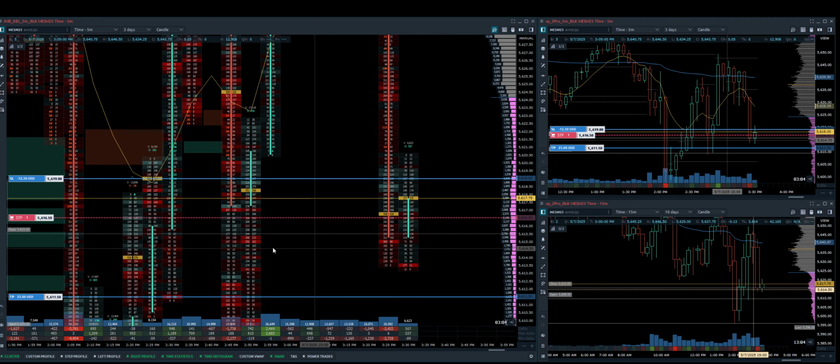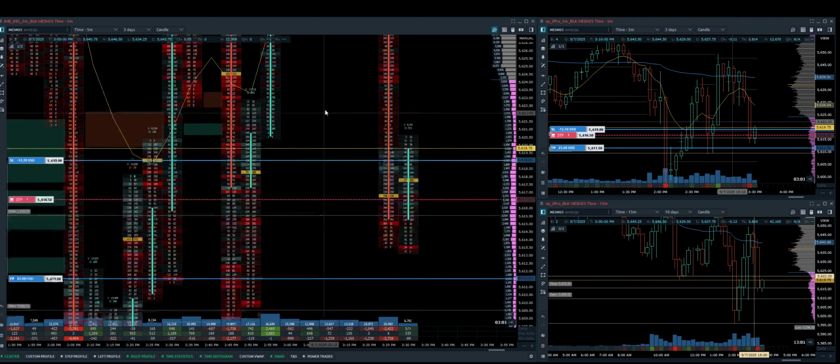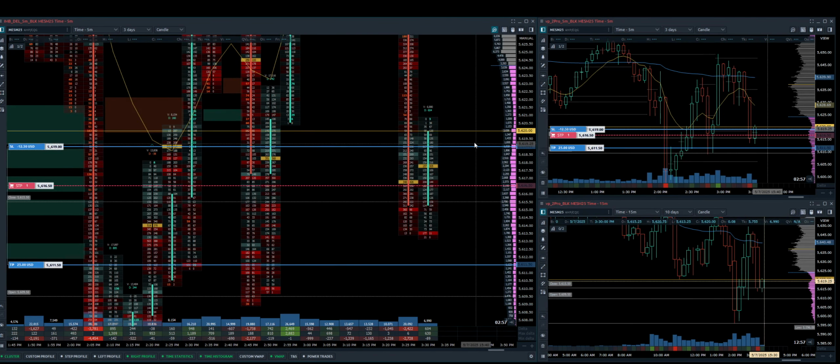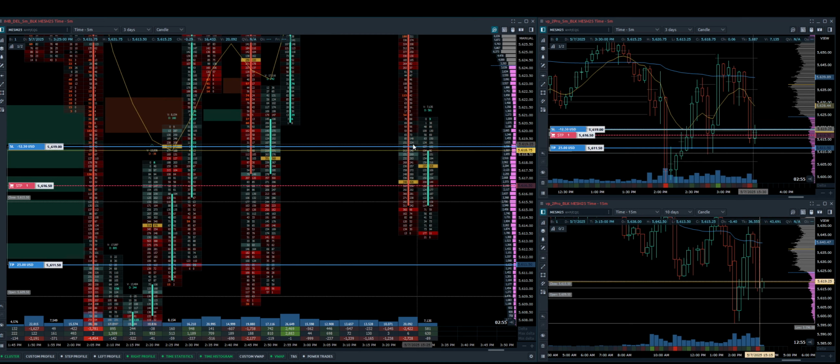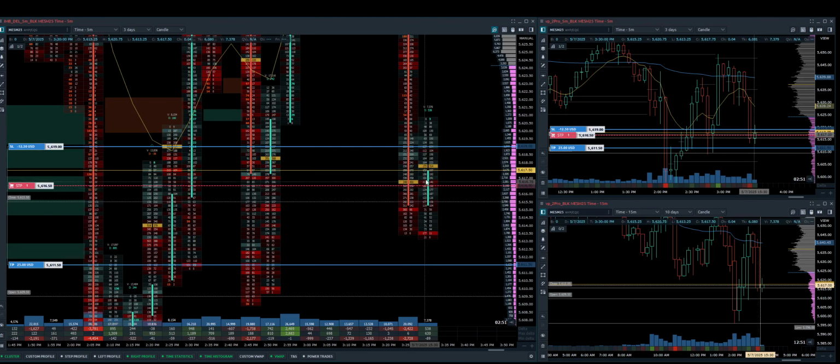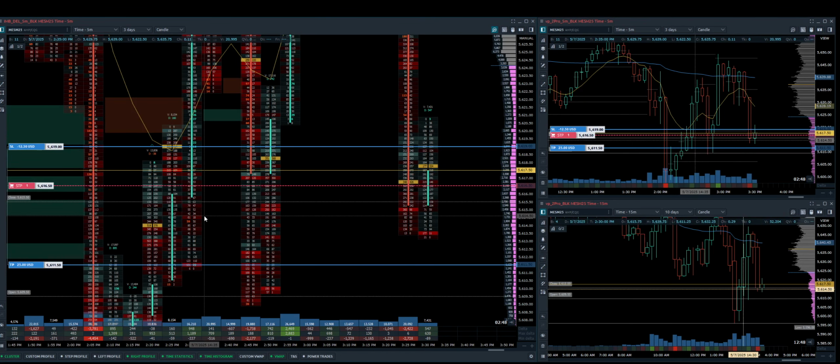Going to take that same trade. They're building a bunch of positive delta up in here. Take that same trade.